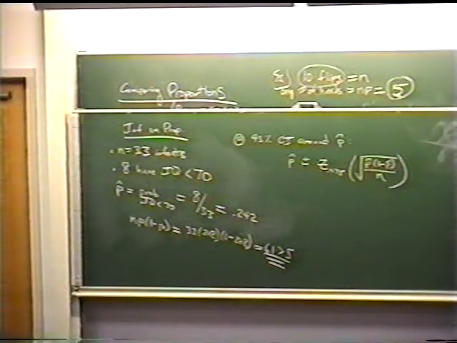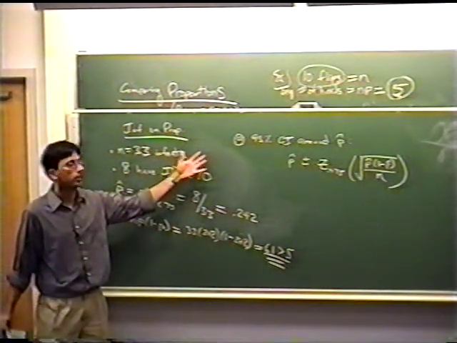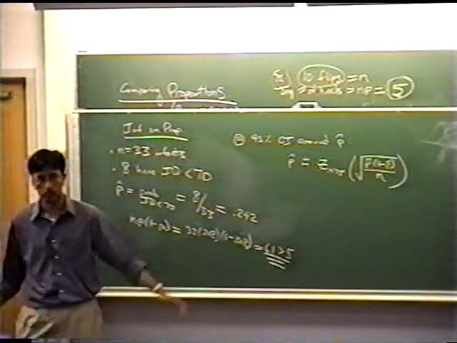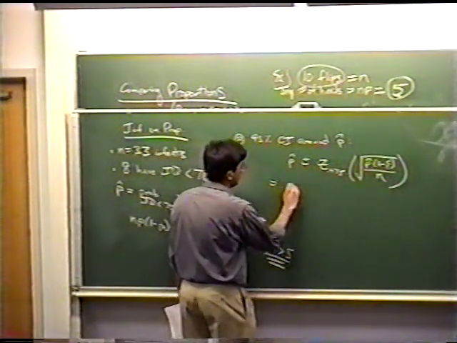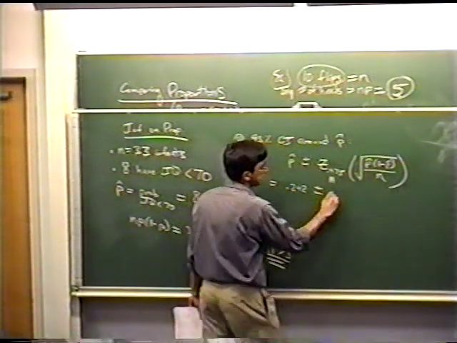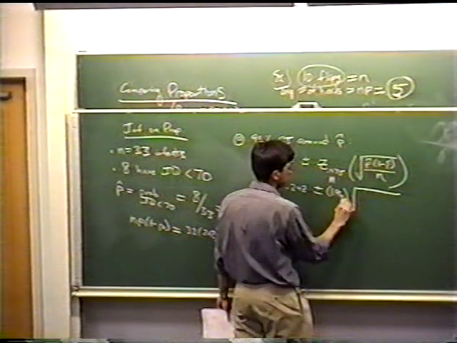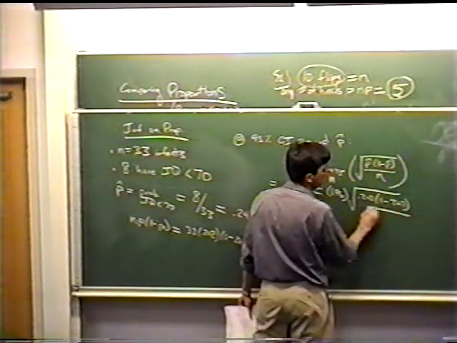For this very reason, it's easier to deal with binomial proportions rather than other distributions, just because you never have to worry about the t-test. So p is just 0.242 plus or minus Z of 0.975, which we all know is 1.96, times the square root of 0.242 times 1 minus 0.242 all over 33.